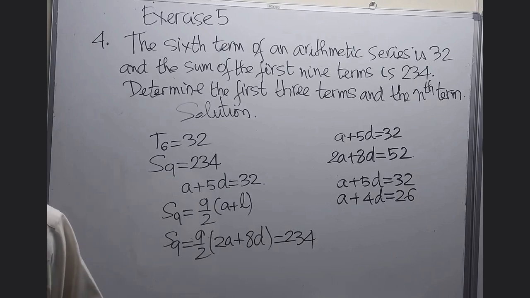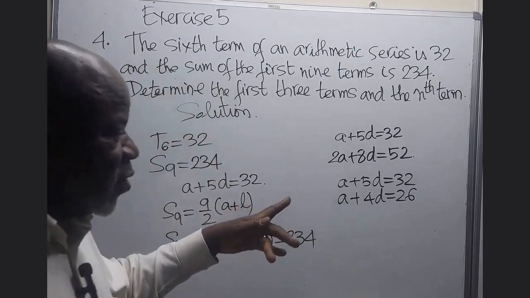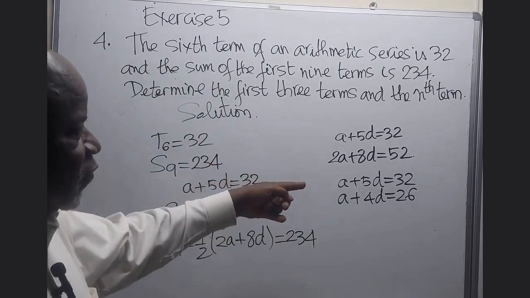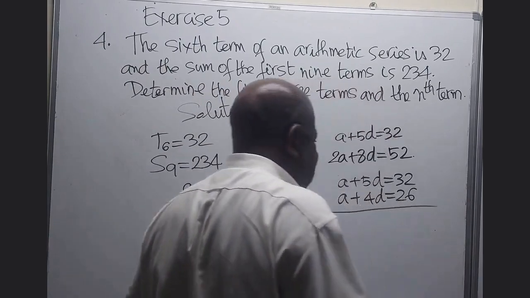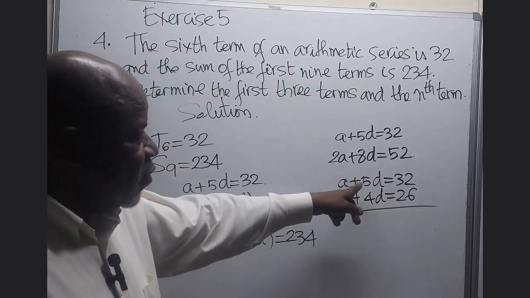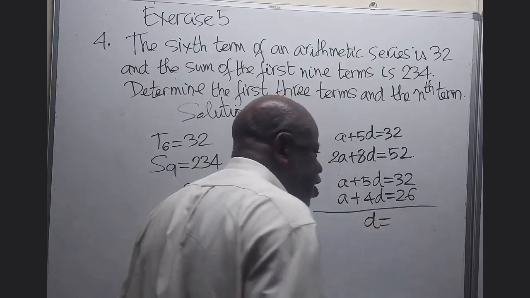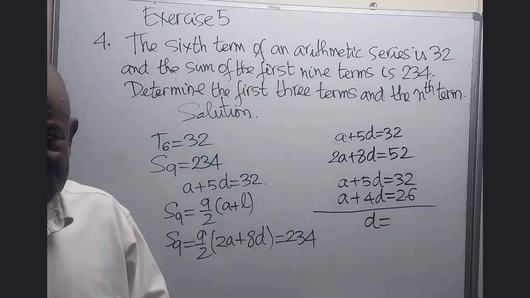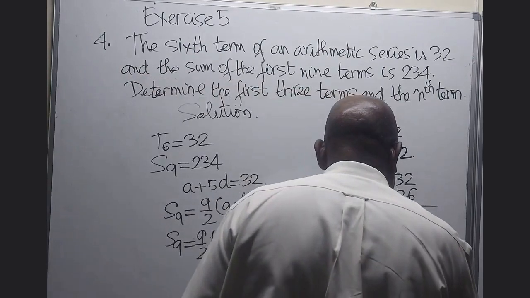Okay? So we're having a system called simultaneous equation. We're going to solve this. What are we going to have? If I take the first one minus the second, 5d minus 4d, then I'm getting d. And 32 minus 26, I'm getting 6. So the common difference is 6.